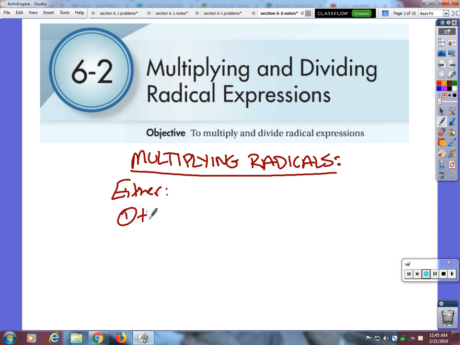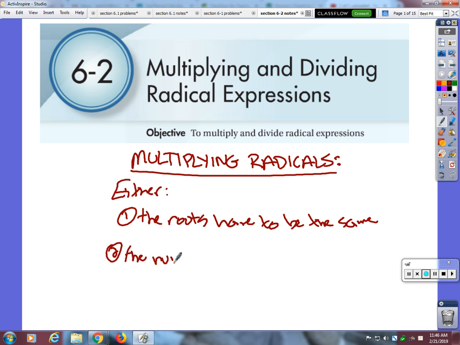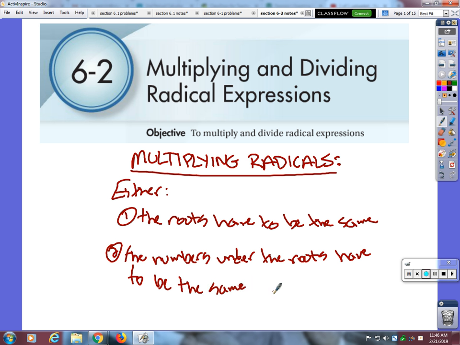The roots have to be the same, or the numbers under the roots have to be the same.